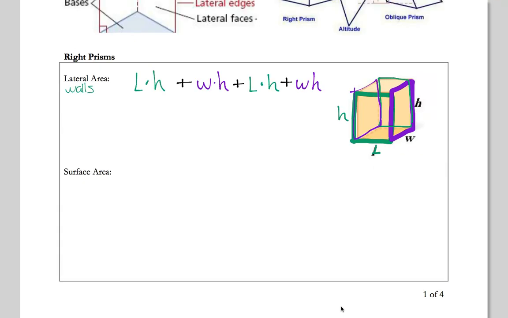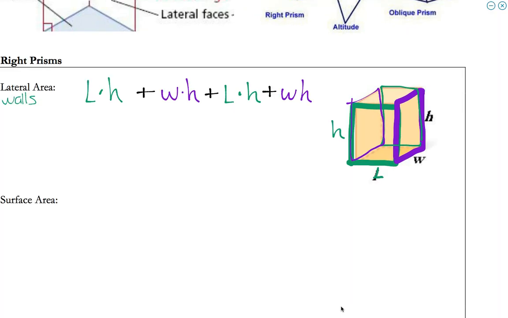If you look at that, what is reoccurring in all of them? It's H. So I'm going to pull an algebraic move here, and I'm going to factor out that H, meaning I'm going to take the H out of each of them and bring it out front. And what's left inside?